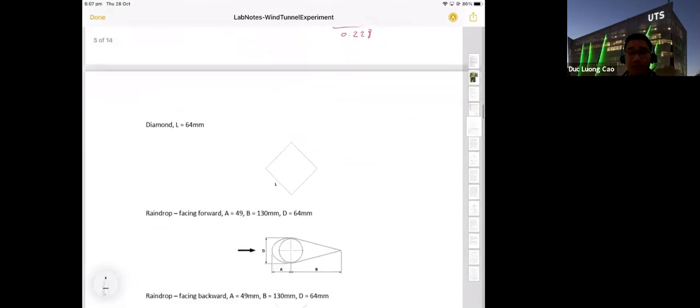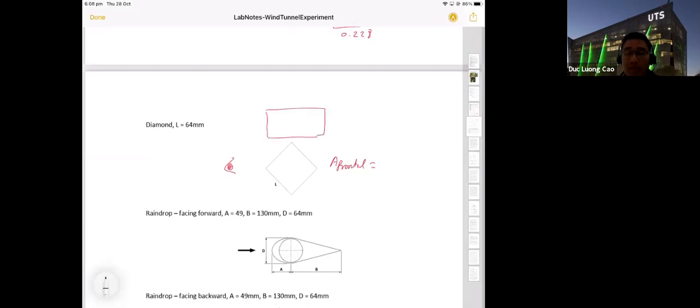For the diamond, how about the frontal area when you see from the side view? I think you will submit this tomorrow, so maybe you know this already. Give me an equation for A frontal. Yes, it is a rectangle.